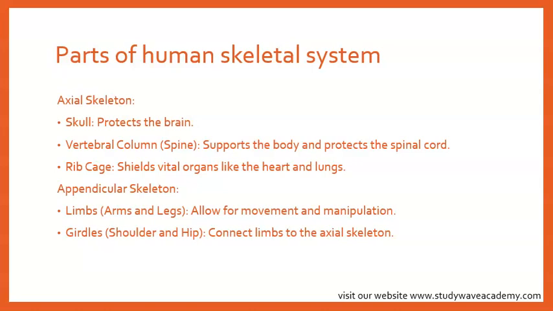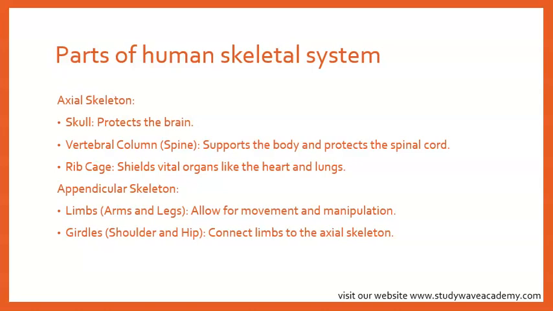And the rib cage protects your organs like the heart and lungs, right? So you can think of the axial skeleton as your body's central core, providing support, protection, and the structure for your head, spine, and chest. Do you understand?